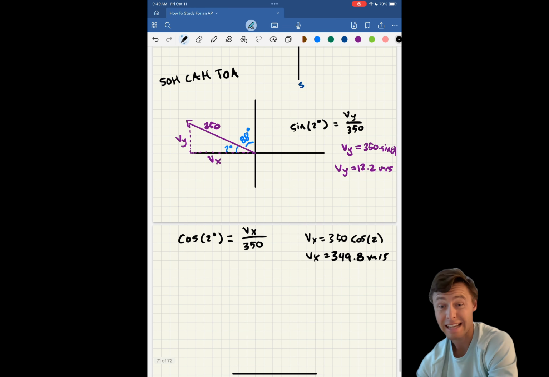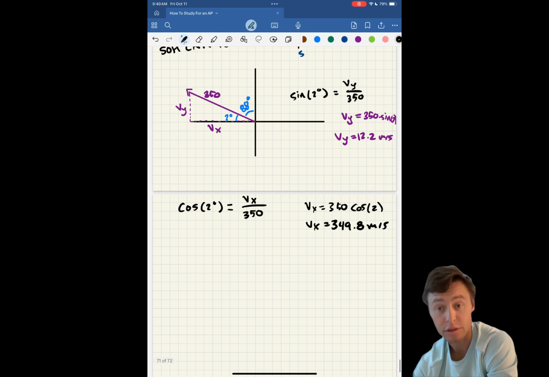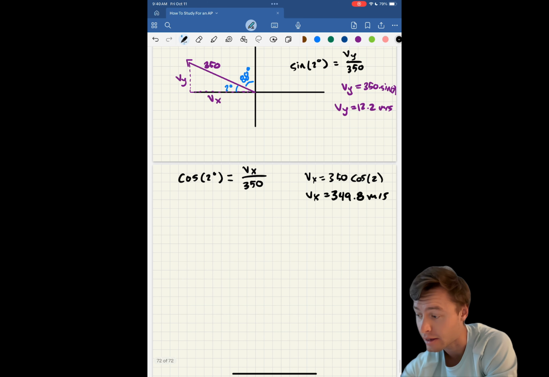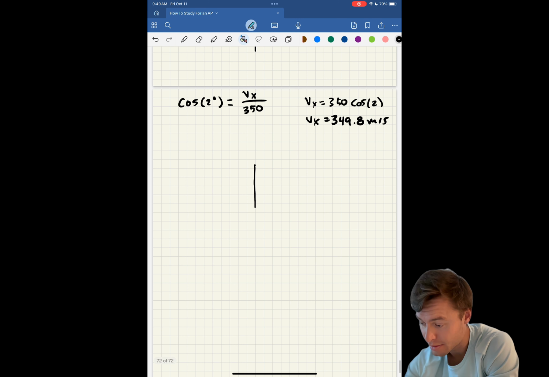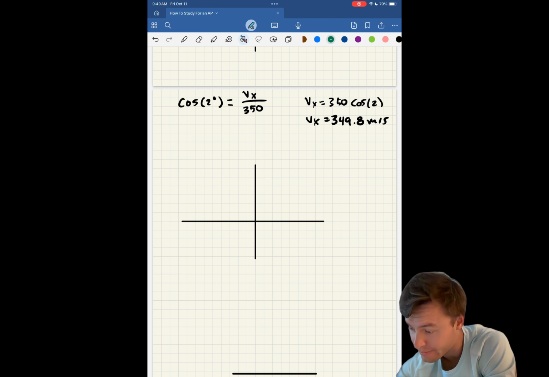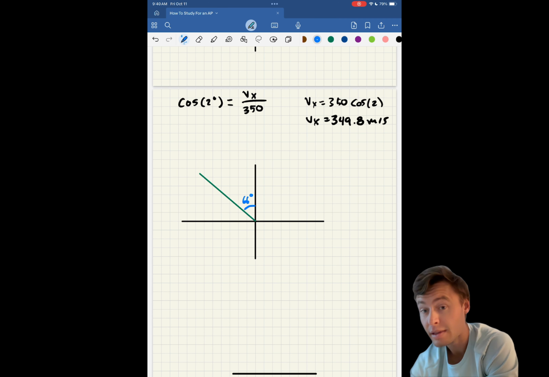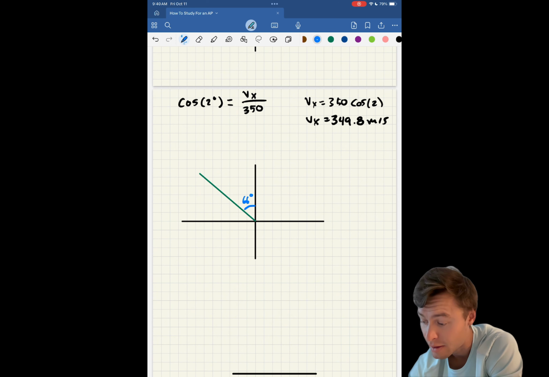Now we need to do the same thing, but for the altered trajectory of the plane after it gets hit by the wind. So let's go ahead and do that now. Let's create another coordinate plane. This is 66 degrees, and if that's 66 degrees, we know that this is 24 degrees because 66 plus 24 is 90.